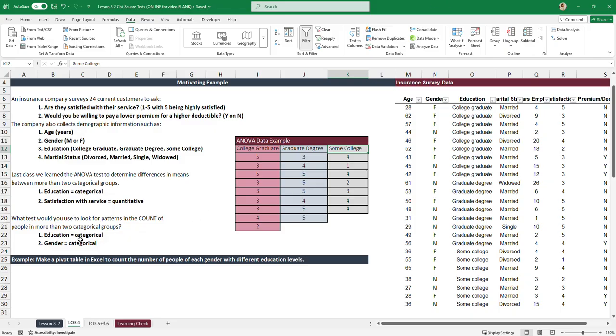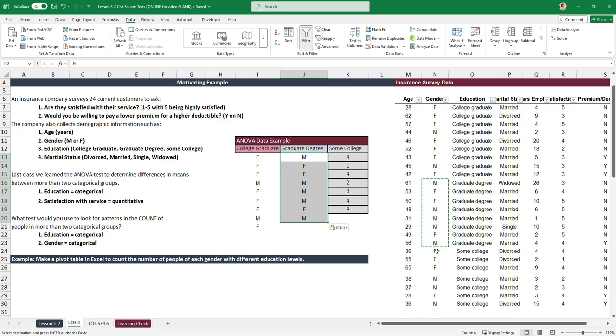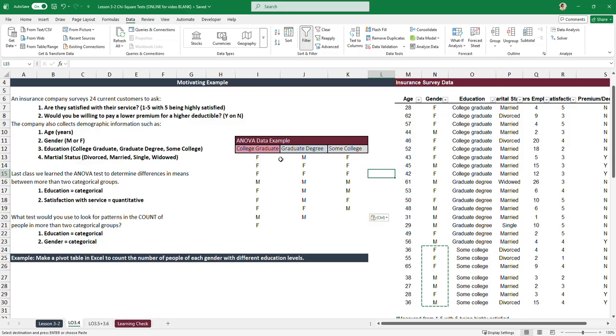But now let's say, what if instead of looking at a numeric answer for those 3 groups, what if we wanted to compare genders for those groups?